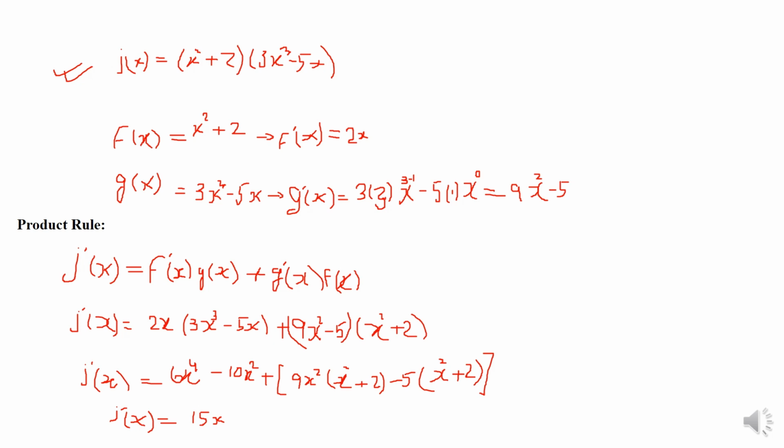So 15x की power 4 plus 3x की power 2 minus 10. This is the product rule.